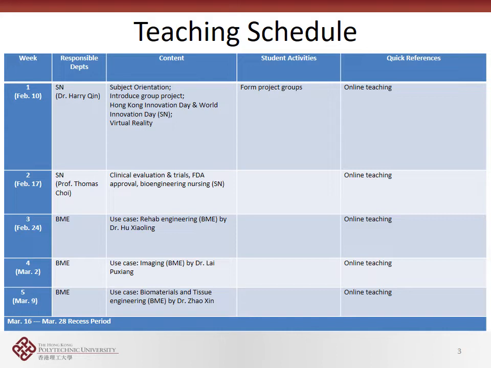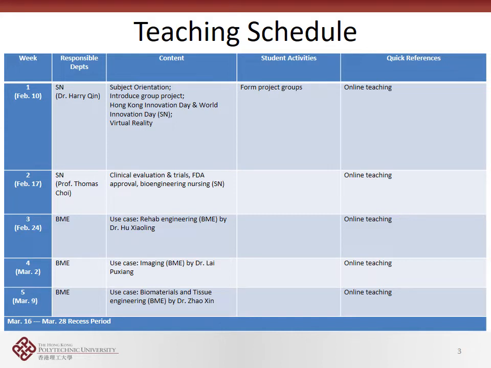And I will introduce a very relevant and interesting event, the Hong Kong Innovation Day and World Innovation Day organized by School of Nursing. If you are interested, I will provide you some websites. You can see how researchers use novel technologies in various healthcare applications.